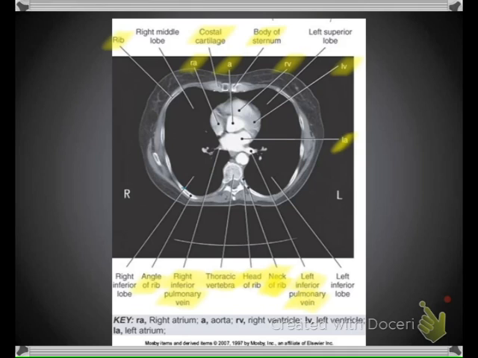And so these are each things that I would like you to know from this image, and we'll discuss the cardiovascular points here in a few minutes.